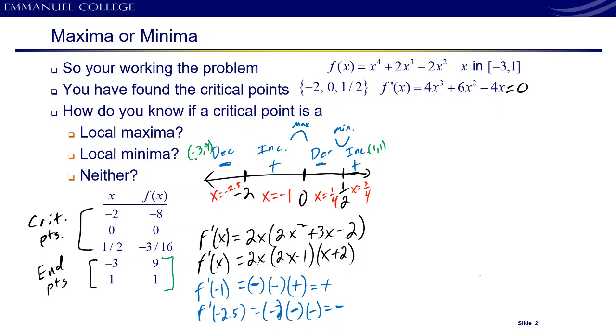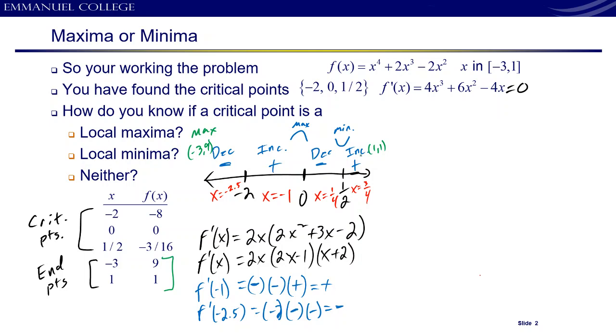I'm decreasing from negative 3, 9 down to negative 2, negative 8. That's going to make this, because I'm decreasing from a point, a max. Because if you're starting at the left, it's a left endpoint. So if it's always decreasing from that point onward, that has to be a max.